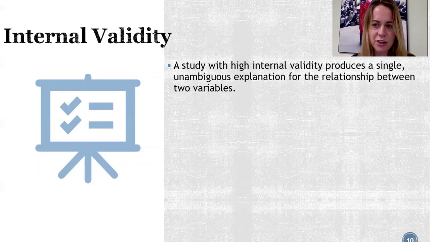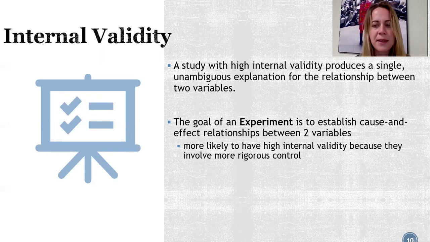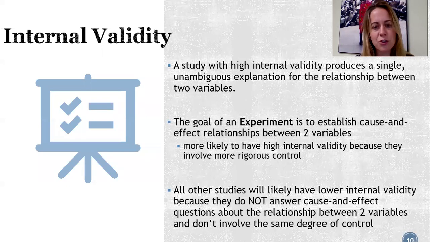Okay, now let's talk about internal validity. It's the extent to which our study produces a single, unambiguous explanation for the relationship between two variables. If you recall from Jonah's video, the goal of an experiment is to establish a cause and effect relationship between two variables. And as a result, it's more likely to have high internal validity because experiments involve more rigorous control.